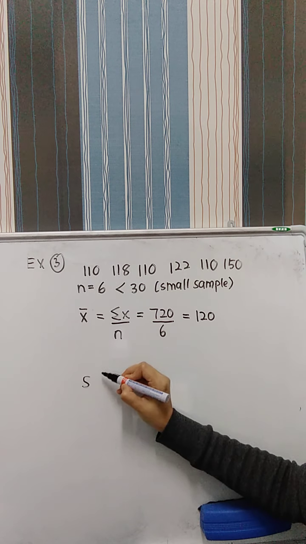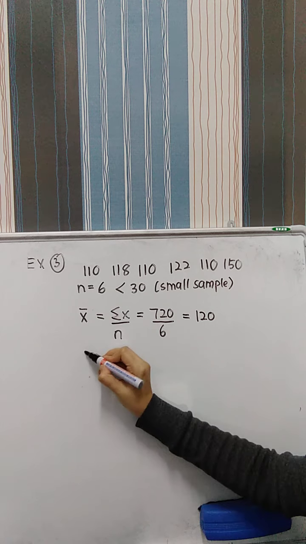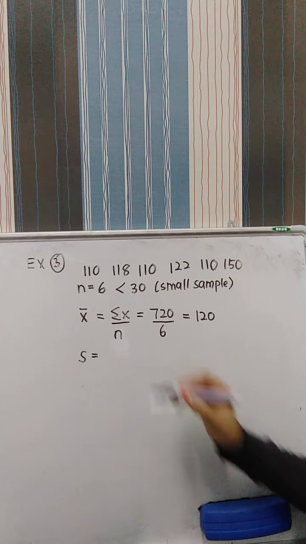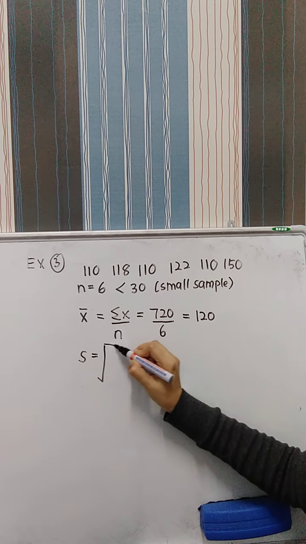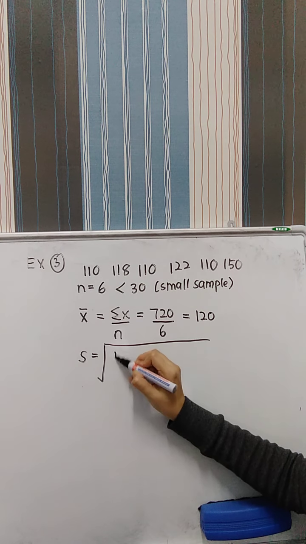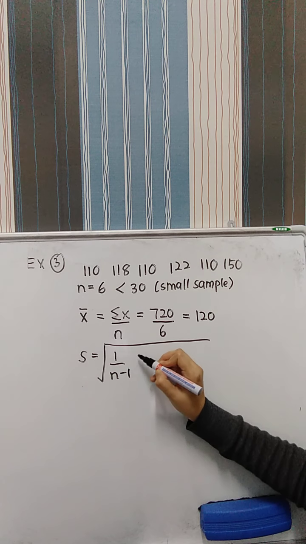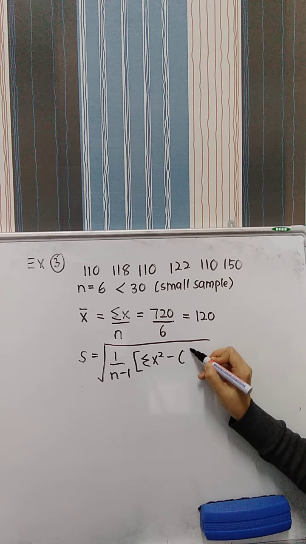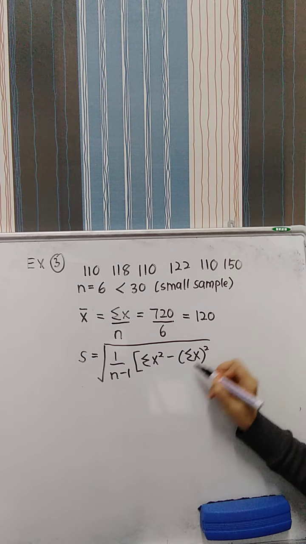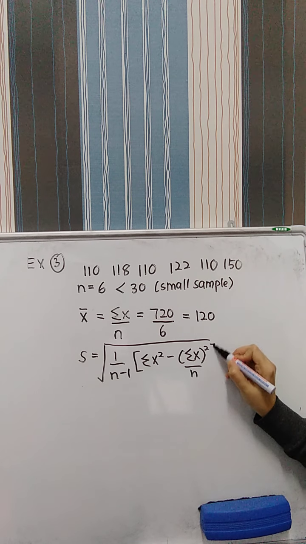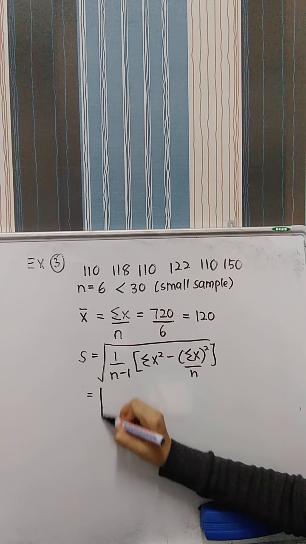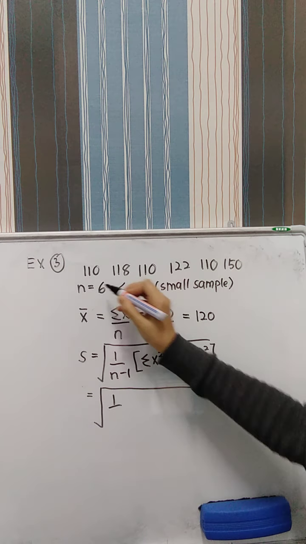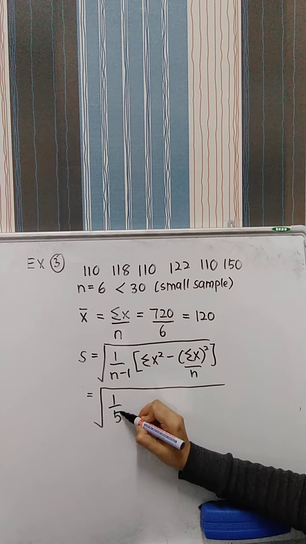Okay, so continue to find the S, the standard deviation. So use the formula of ungrouped data. The formula is the square root of 1 over n minus 1, in brackets, sum x squared minus (sum x) squared over n, close bracket. So the square root of 1 over n minus 1, 6 minus 1 is 5.